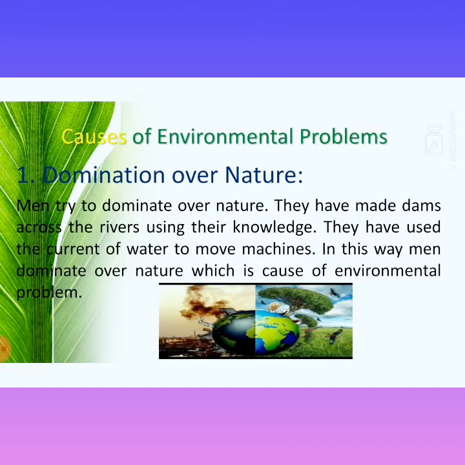They have used the current of water to move machines. In this way, men dominate over nature, which is a cause of environmental problems. The most important problem is domination over nature. We try to dominate nature, and this domination is harmful for the environment. So this is one of the causes of environmental problems.